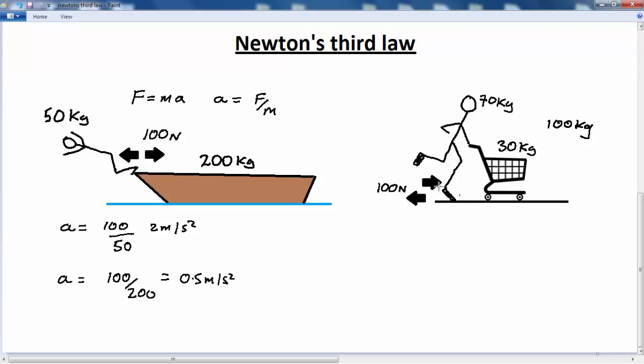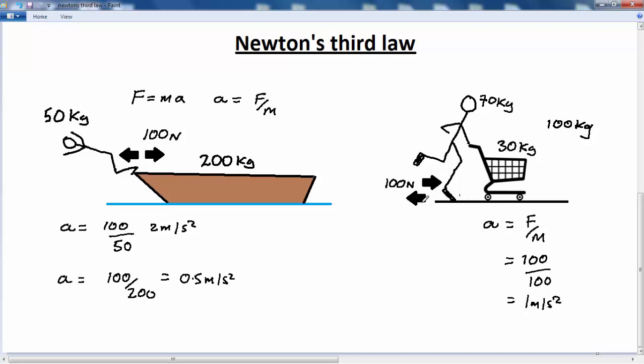So using Newton's second law, F equals ma, just as with the boat, we can calculate the acceleration of the shopper and his trolley. So the acceleration is equal to F divided by m, which is equal to 100 newtons divided by 100 kilograms, which is 1 meter per second squared.